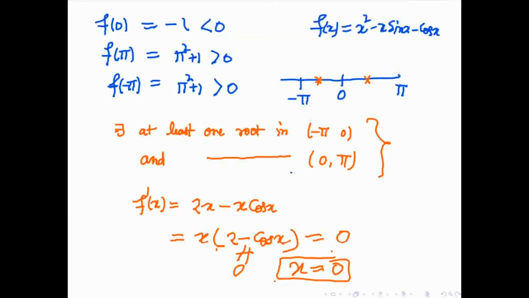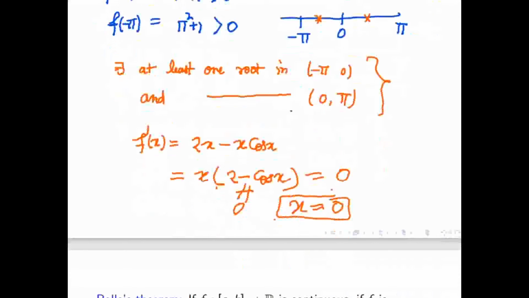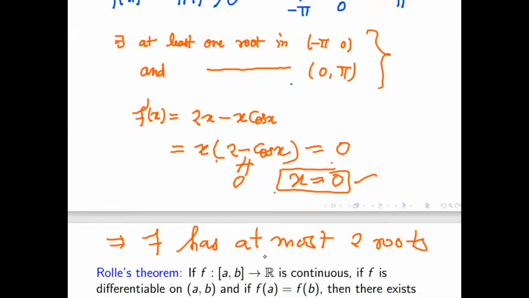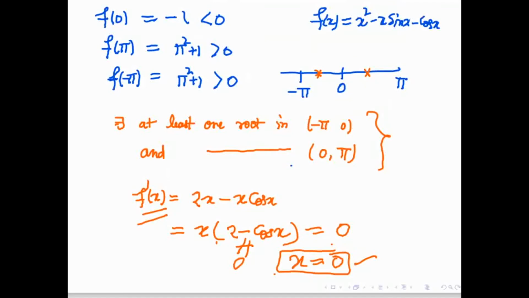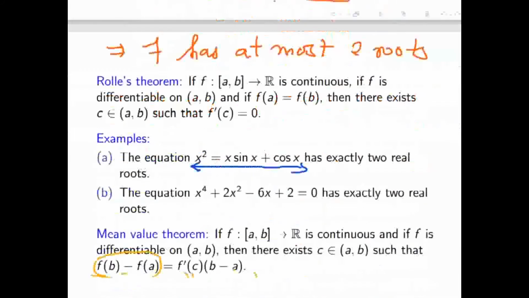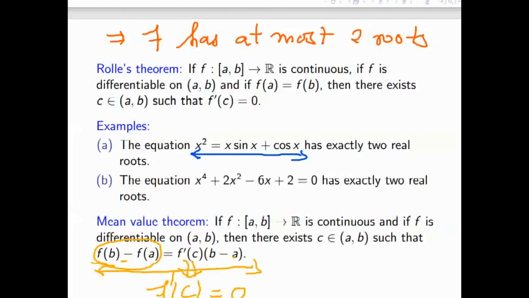So by the mean value theorem, we can conclude that f has at most 2 roots, because in between these 2 roots there is the root x equal to 0 of this derivative. It has at least 2 roots by the intermediate value property. So if you combine, you can conclude that it has exactly 2 real roots.